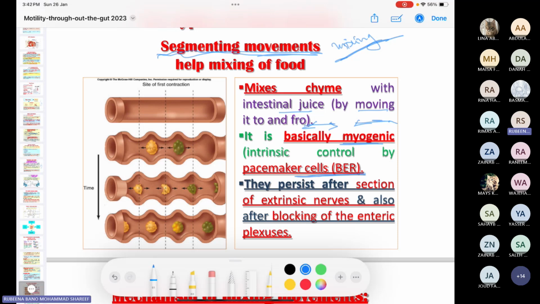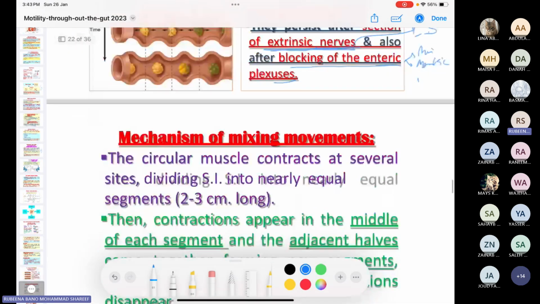So they persist after section of extrinsic nerves, meaning the sympathetic and parasympathetic nervous system, and also after blocking the enteric nervous system, meaning Meissner's and myenteric plexus. They are not dependent on these two, but on the pacemaker cells. This may be asked in your MCQ.